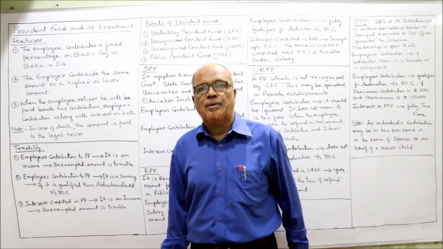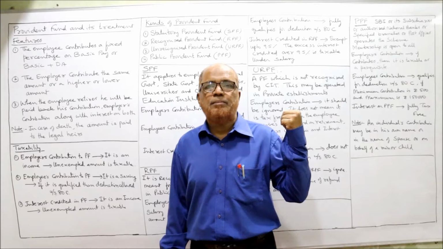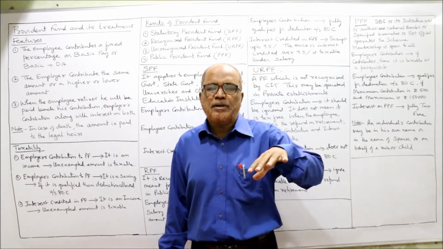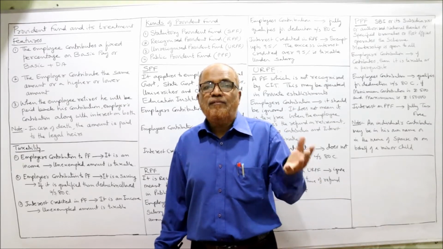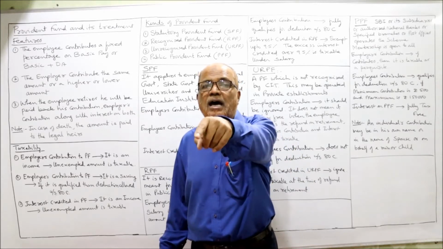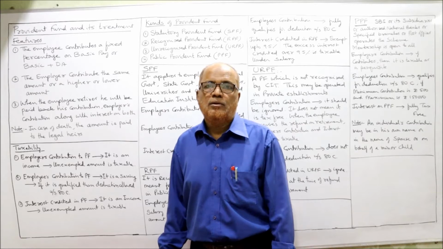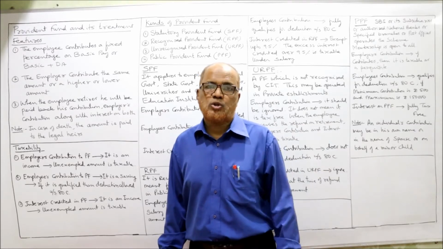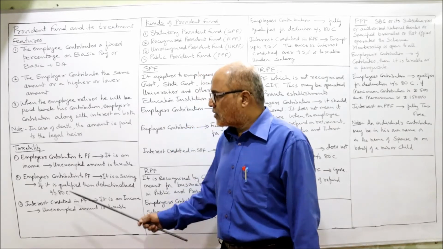Unexempted amount is taxable. Now we will see what is unexempted amount. If it is exempted, nothing is taxable. If it is unexempted, the unexempted amount is taxable in the hands of the employee. Which one? Employer's contribution.